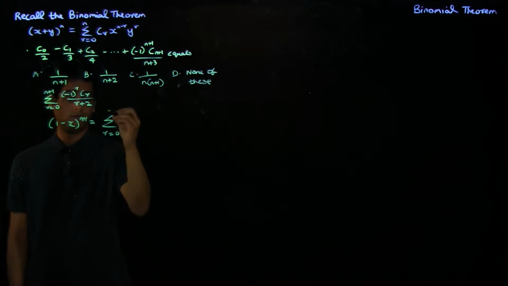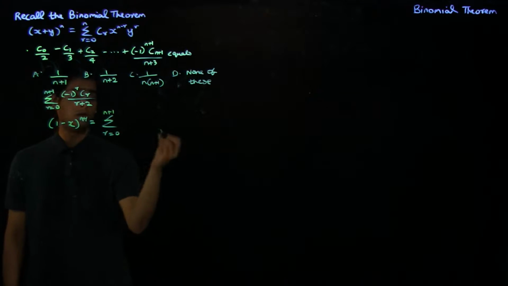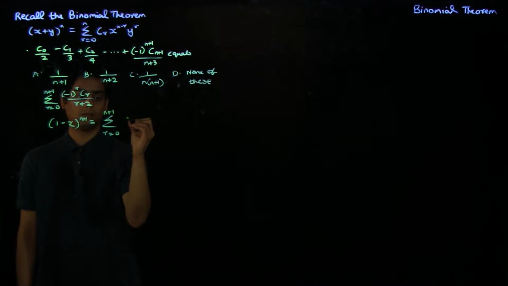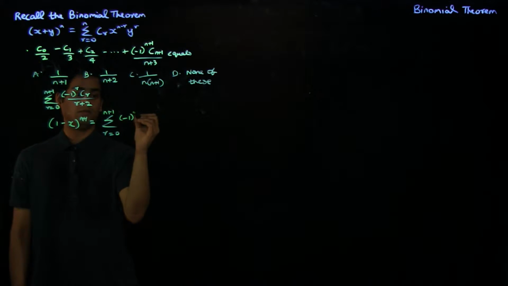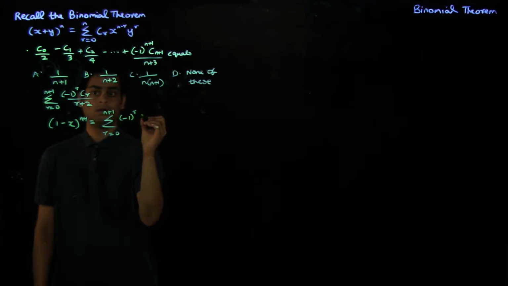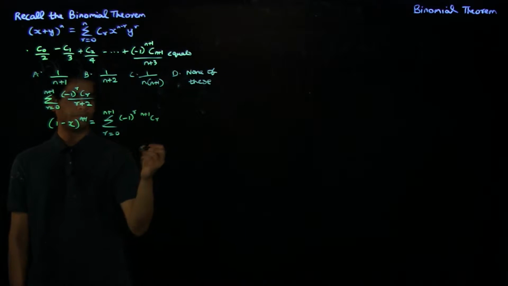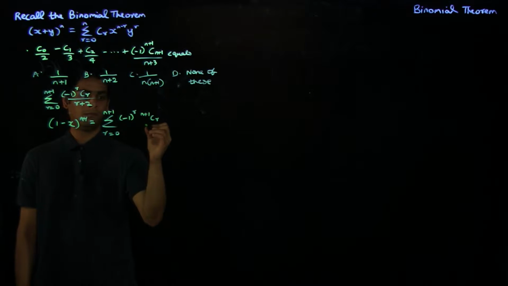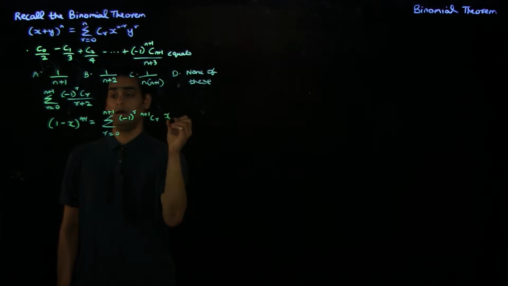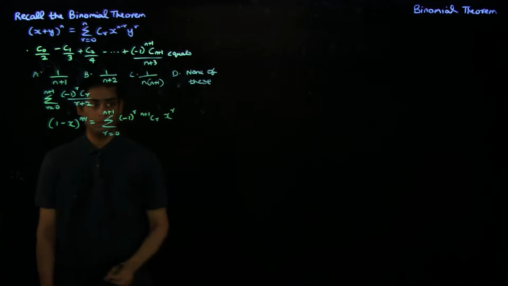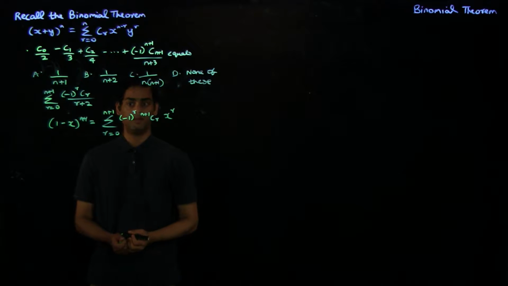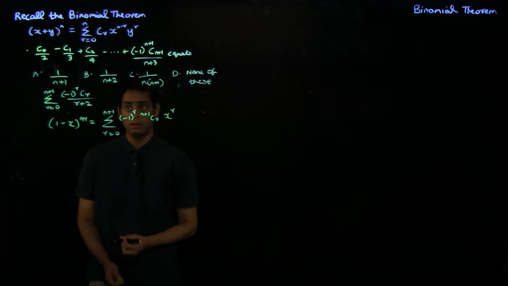This is summation r = 0 to n+1 of (-1)^r (n+1)Cr x^r. So this is the binomial expansion of (1 - x)^(n+1).